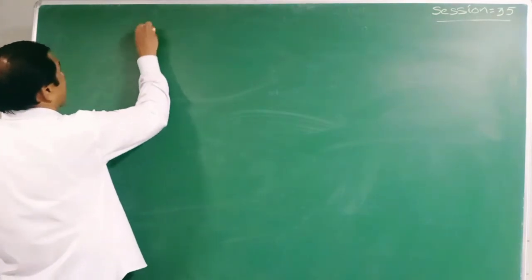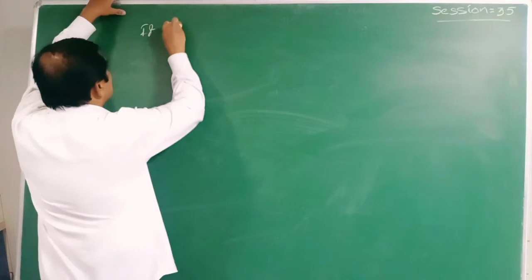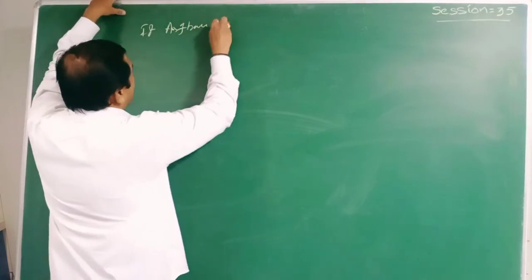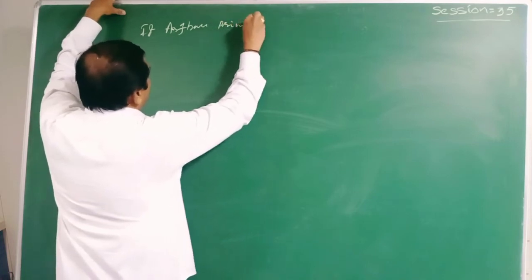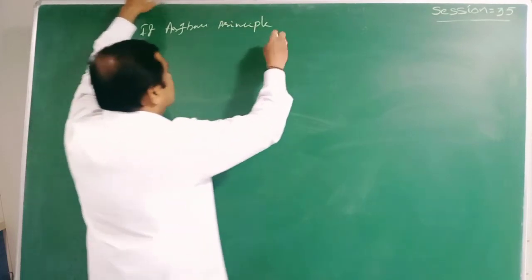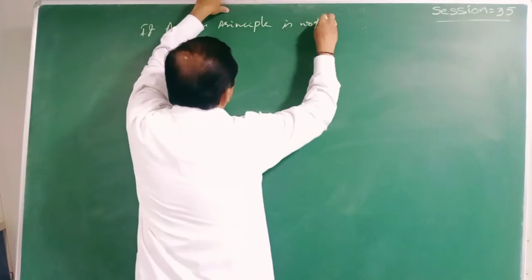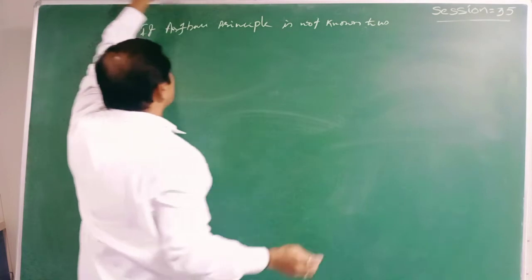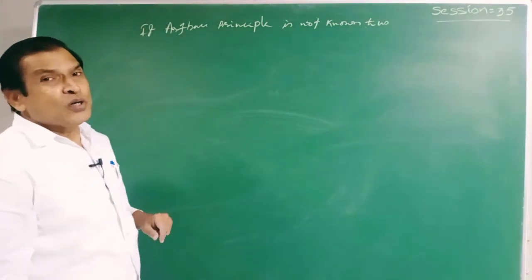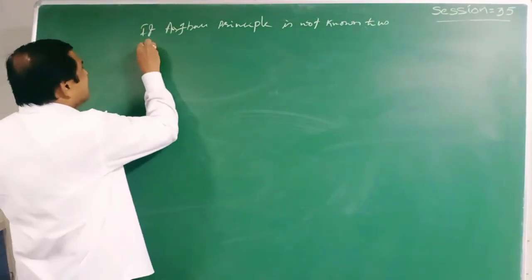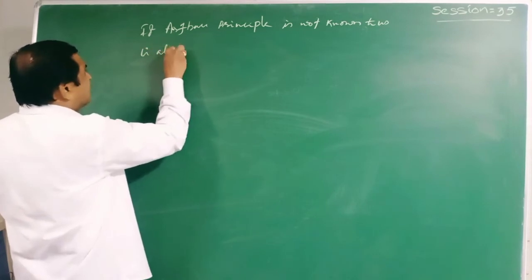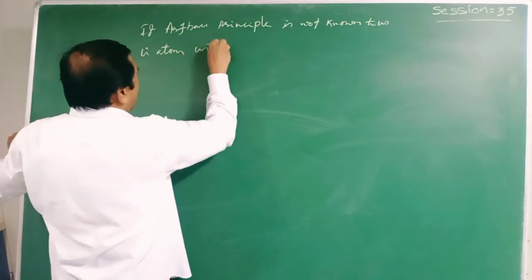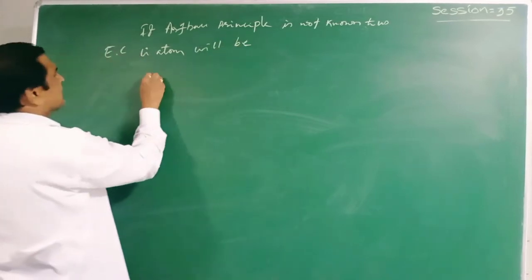If Aufbau principle is not known to us, then the electron configuration of lithium atom will be... Okay, then the options we can give like this.